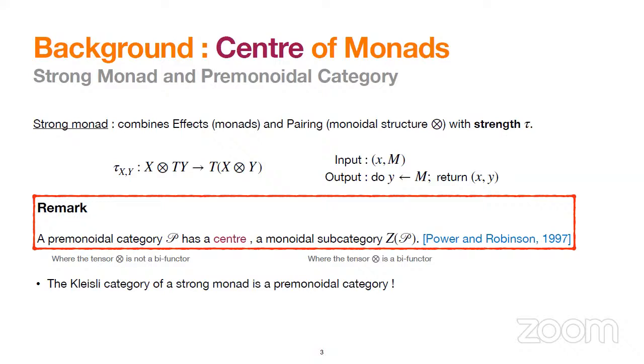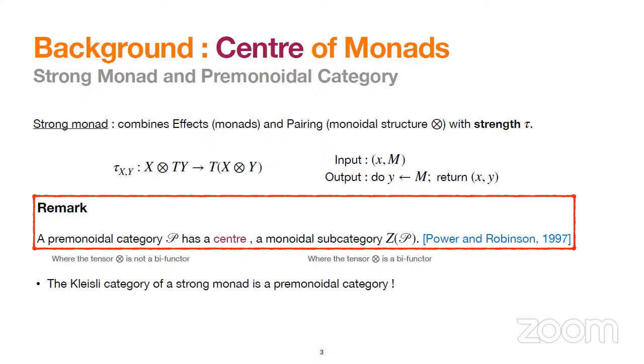It was found in 1997 by Power and Robinson that a premonoidal category P has a center. A premonoidal category is one where the tensor is not a bifunctor, but it has a center which is a monoidal subcategory, where the tensor is a bifunctor.